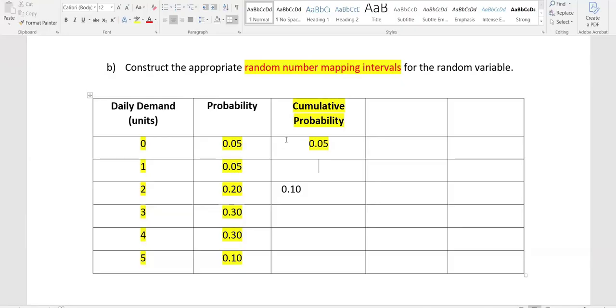The first probability is also my first cumulative probability, 0.05.